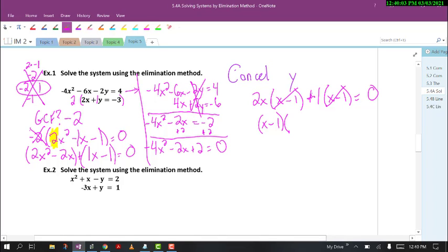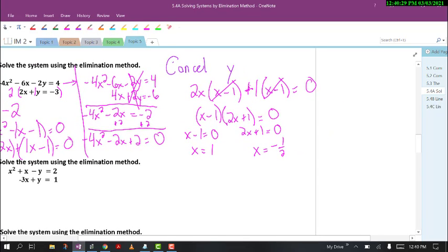Once we take that out, our leftovers, 2x plus 1 equals 0. So now we set these equal to 0 and solve for x. So we add 1 to both sides, we get x equals 1. Pretty simple. We would subtract 1 and divide by 2 to get x equals negative 1/2.